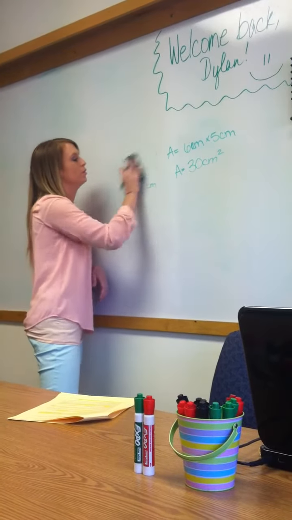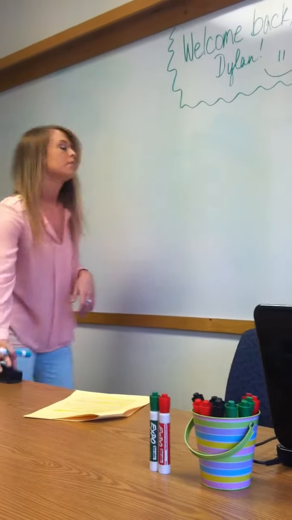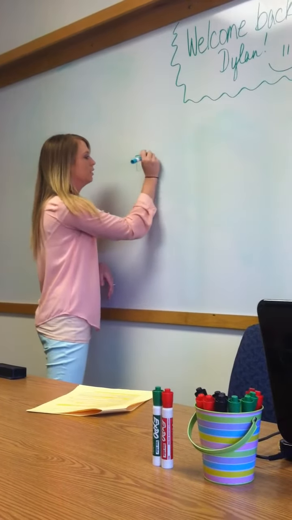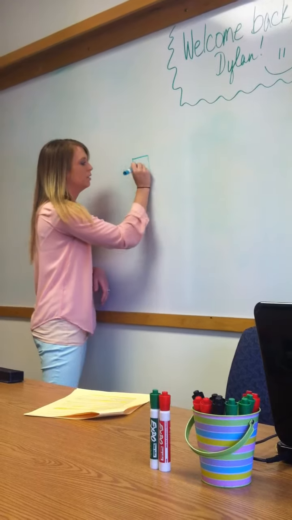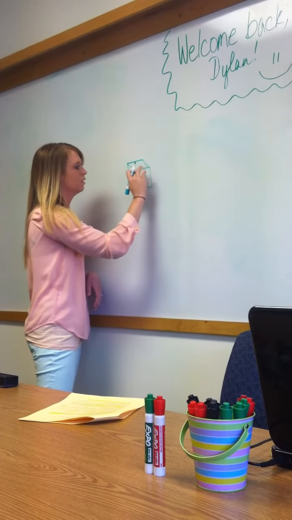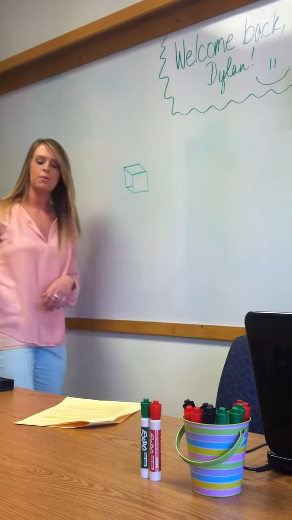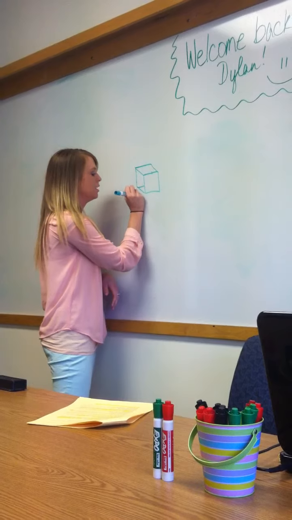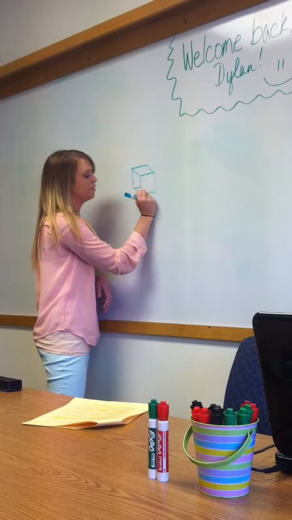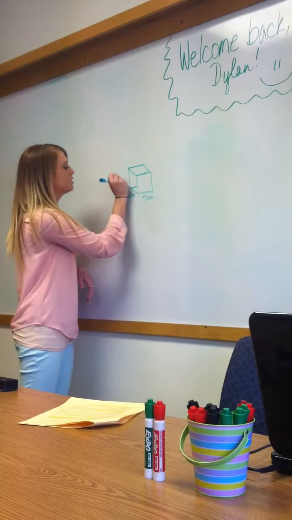So for the volume, again, it's the three-dimensional shape instead of a two-dimensional shape. And we're going to keep the same 6 centimeters, 5 centimeters, but now we're going to add a height of 3 centimeters.